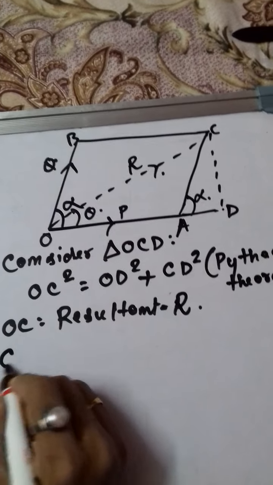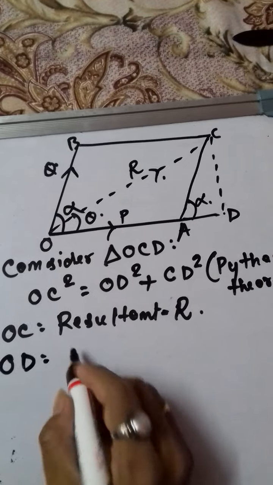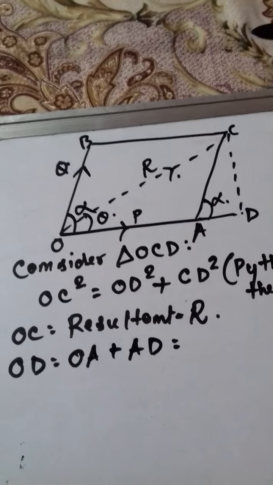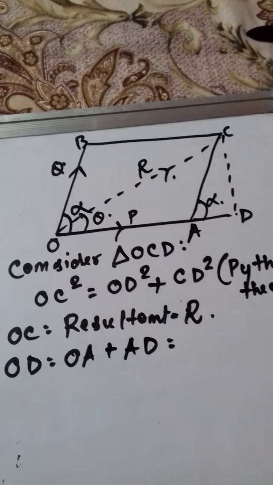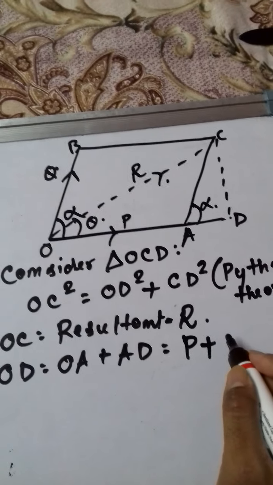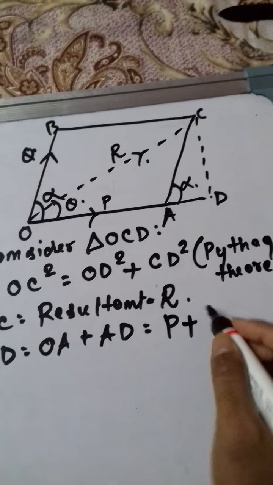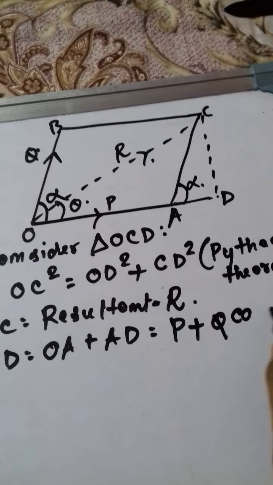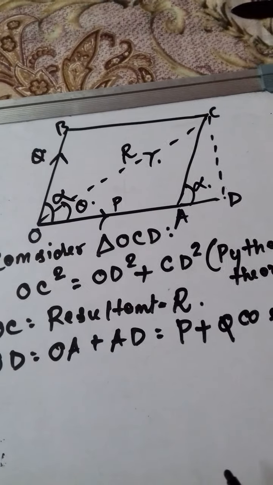Now see, OD can be written as OA plus AD. So OA is the force P plus AD. I think you know the value of AD, that is AD is equal to Q cos alpha, right?